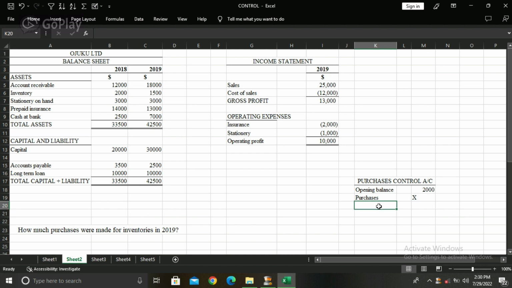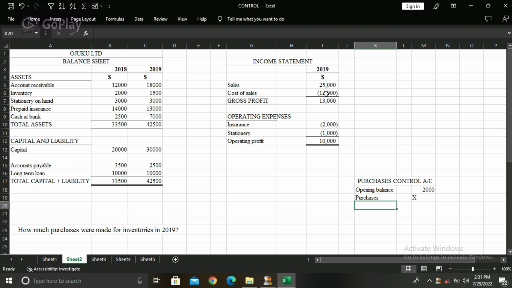Now, during 2019, how much inventories did we consume? The inventory consumed is what we call cost of sales. As you can see in the income statement here, the cost of sales is the inventory consumed during the year 2019.